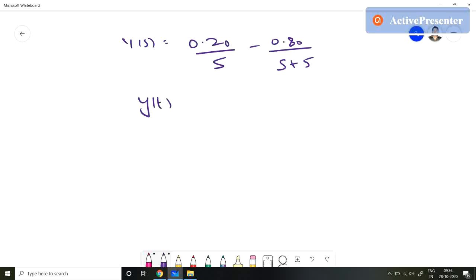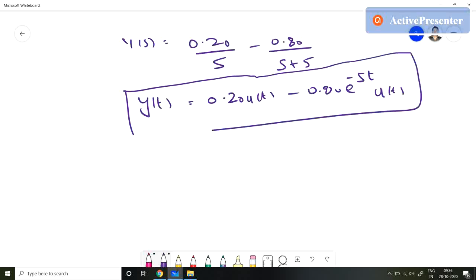So taking the inverse Laplace transform, y(t) is nothing but 0.20 u(t) minus 0.80 e to the power minus 5t into u(t). So this is our y(t).